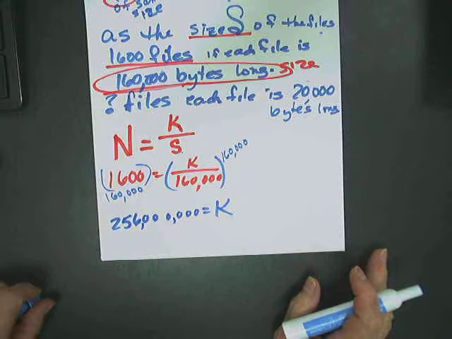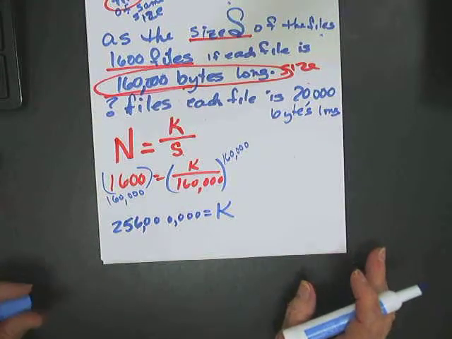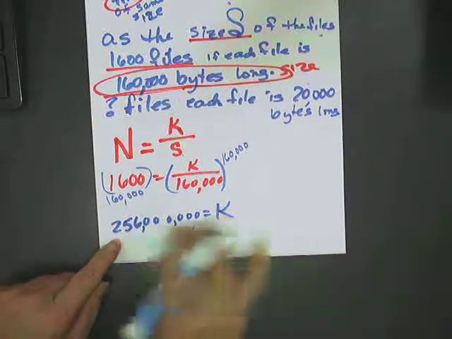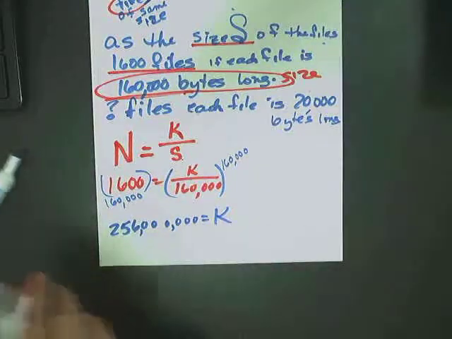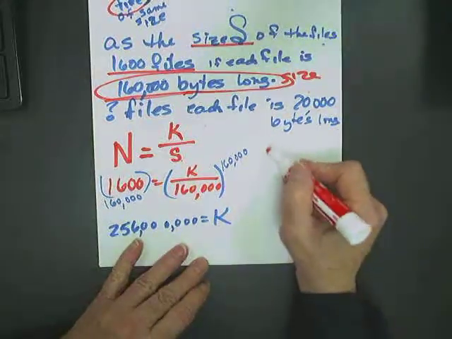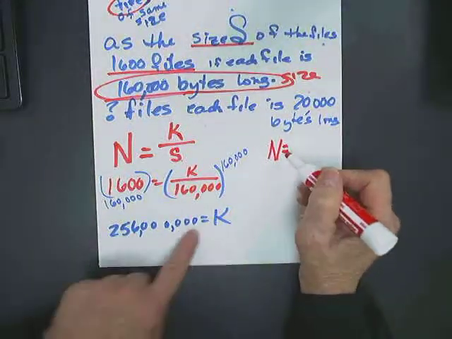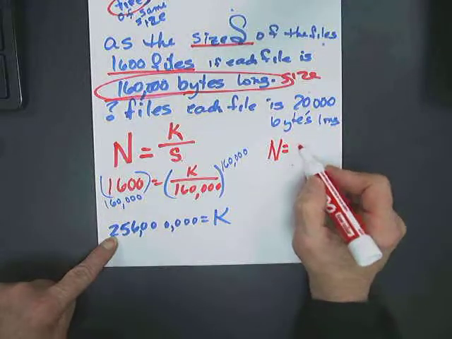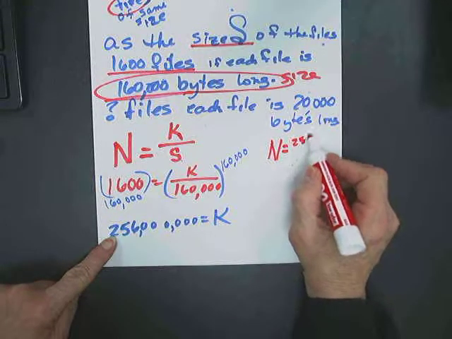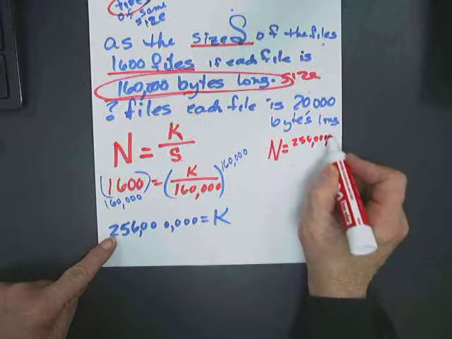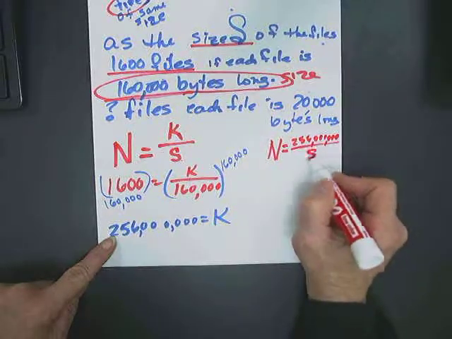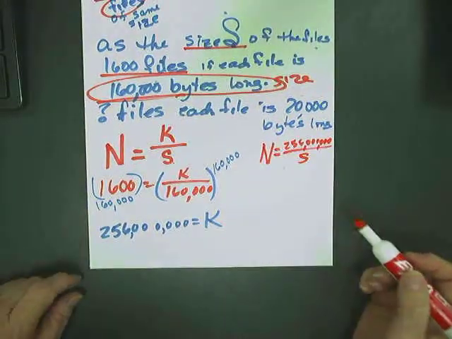Okay, varies inversely. N varies inversely, so you put the K divided by inversely as the size S. Okay, so we need to find out K.